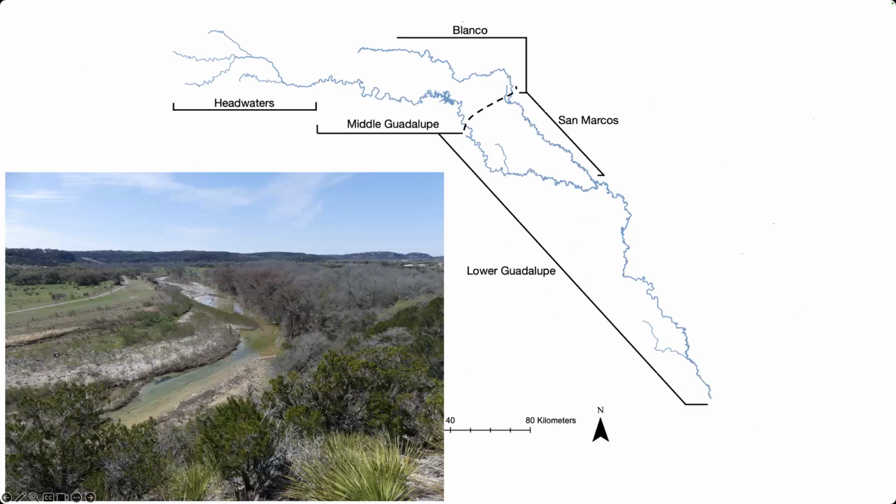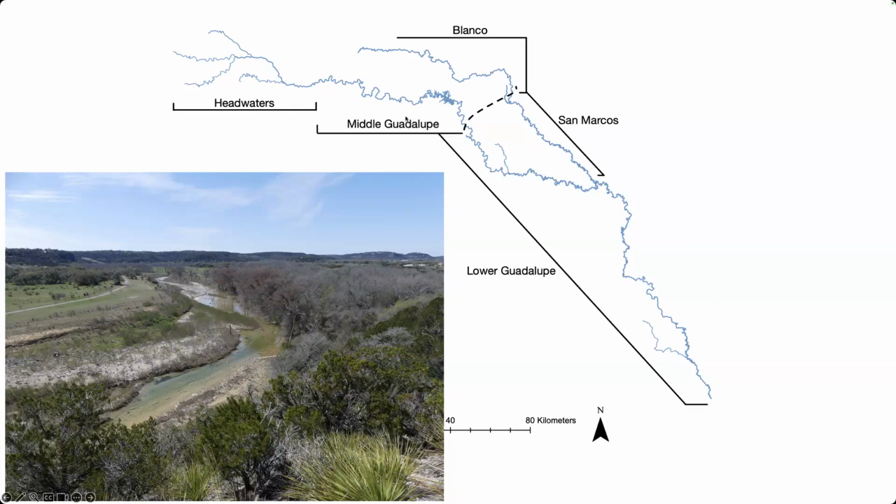All right, so just so you can look at our physiography and hydrology blocks for the river, you can see we separated the Guadalupe River into three sections: the headwaters, which included perennial water, because this is where they're fed by springs. We included the middle Guadalupe, and both of these were on the Edwards Plateau.